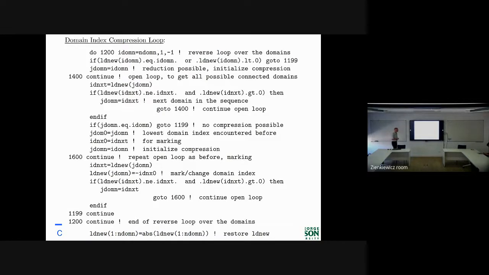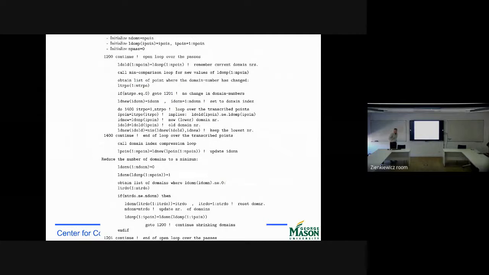You don't have to go into the details. Basically, you start with the highest domain. If the domain is connected to another one, points to another one, you just keep going until you end up with a minimum. You reset all of those, and you do that repeatedly, coming down through the domains. Then you have to do this recursively because in one pass you can't get that.